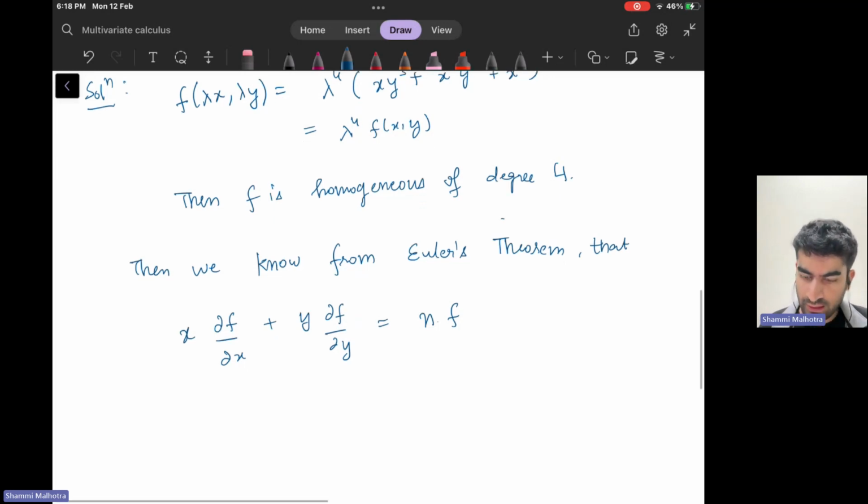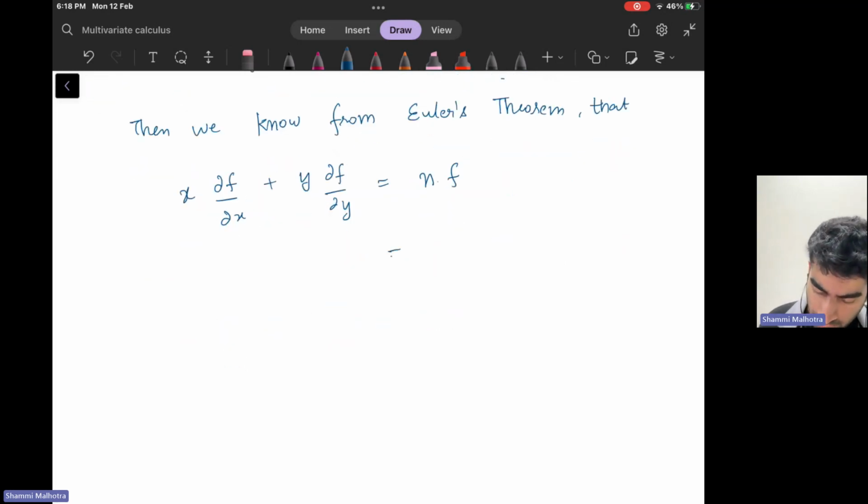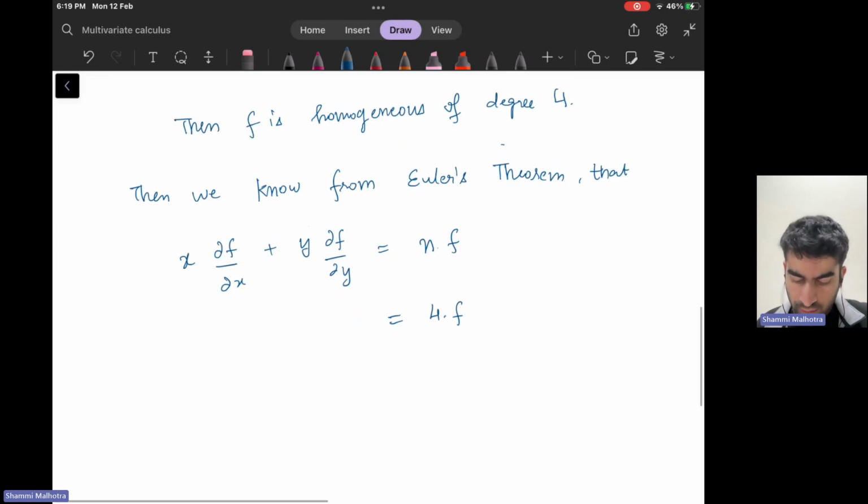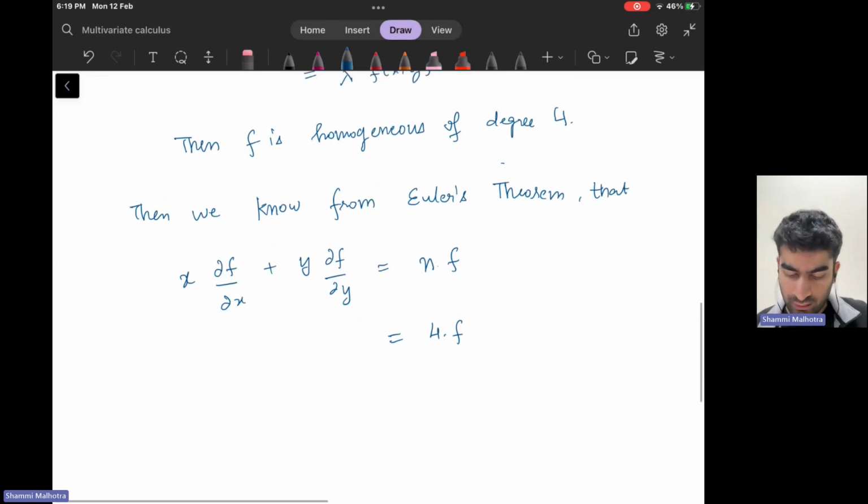So this expression can be directly evaluated, and this is nothing but 4 times our function. And we would like to check Euler's equation, so let us check by computing exactly how it turns out.